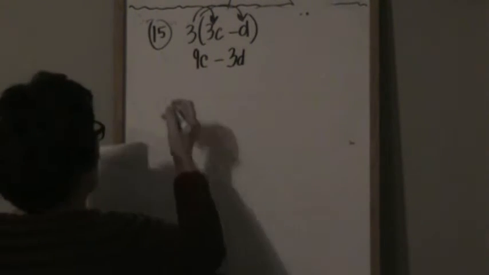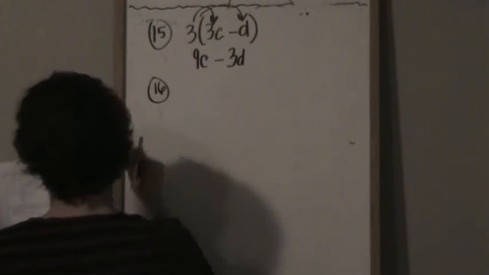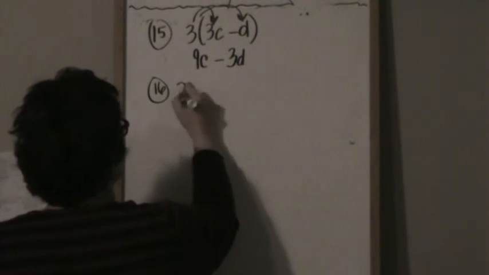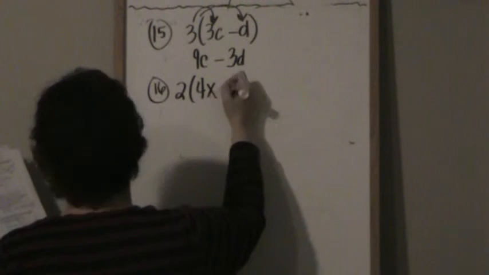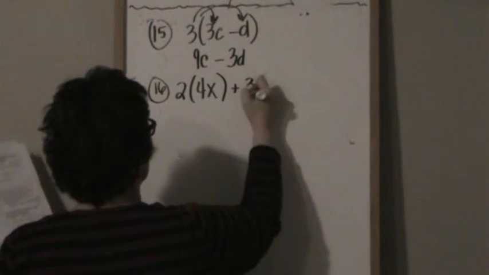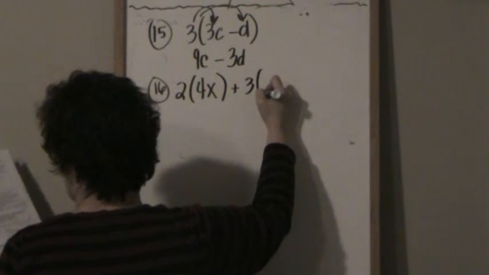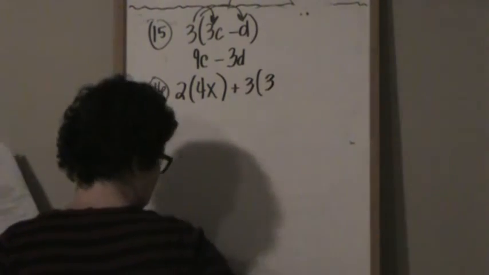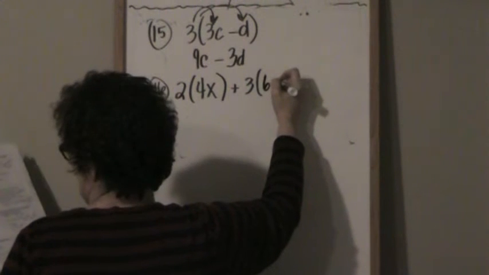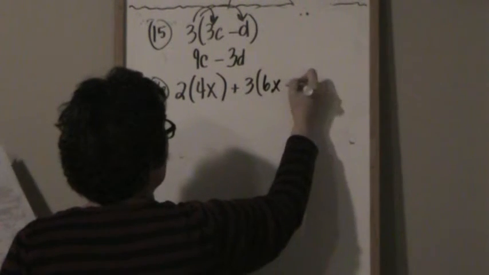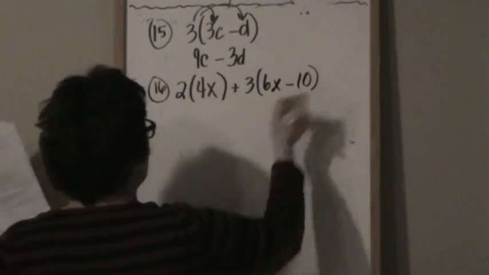Okay, all right, 16. 2 times 4x plus 3 times 6x minus 10.